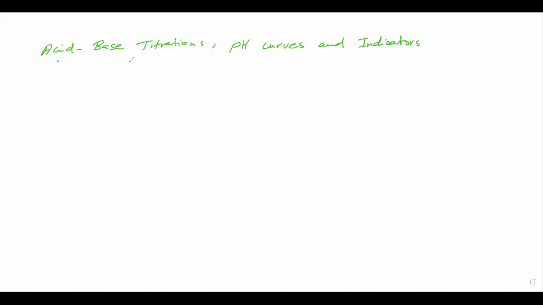Now, of course, we studied titration before in O-level, and we've seen that titration means that if you have, for example, an acid with unknown concentration, and you want to find out its concentration, you make something called titration using something that is opposite to it.